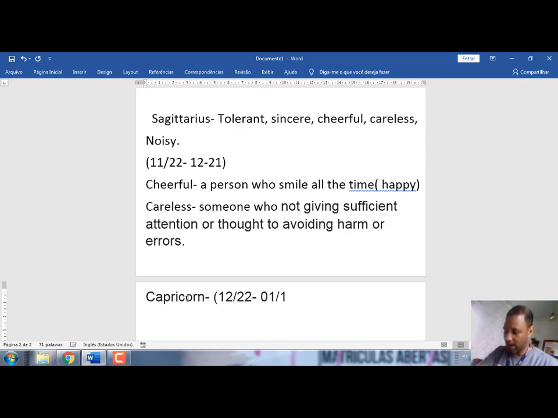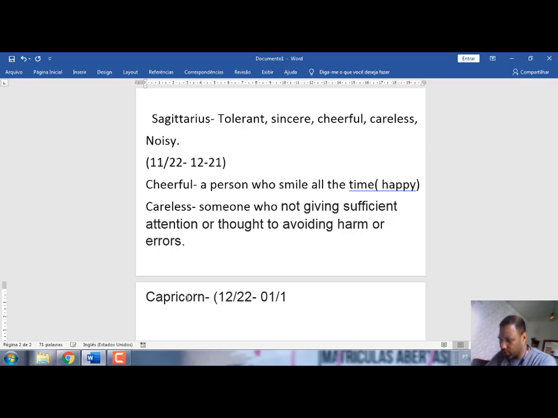If you were born between December 22nd and January 19, you are Capricorn. If you know someone who was born in this period, this person is Capricorn. Take a look. Remember, if you know someone, maybe your mother, your father, your brother, a friend of yours, alright? And pay attention, guys. Let's see if this is really true.